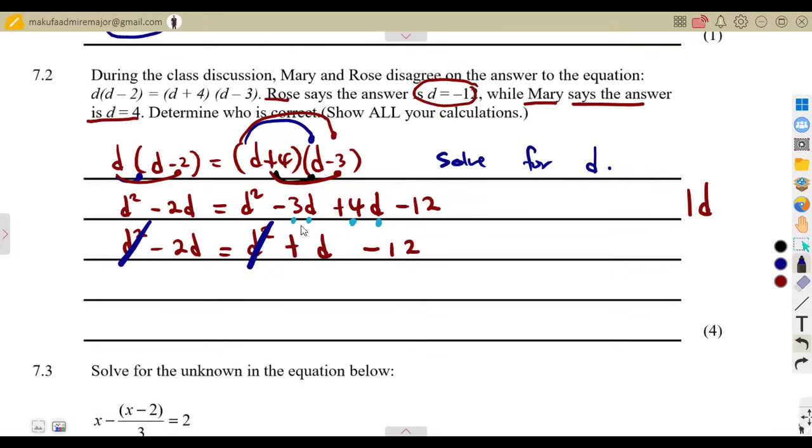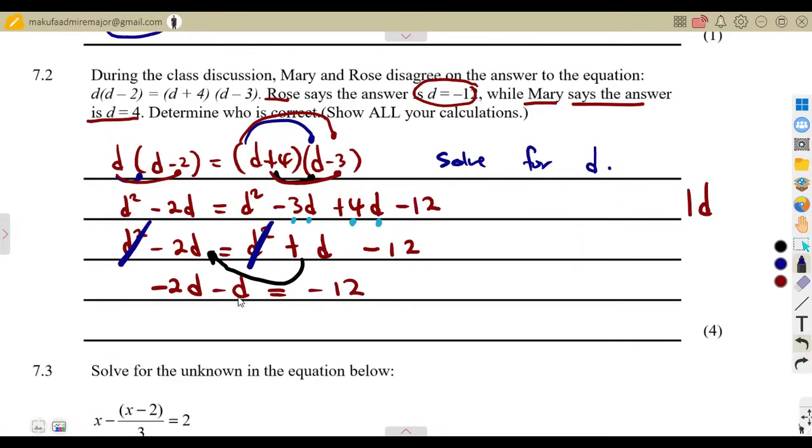They're the same. So we can transpose the positive D to this side of the equation so that it will be a minus. So there we already have minus 2D. If we transpose the D this side, it becomes a minus D, which is equal to what? To minus 12 already on the right-hand side.